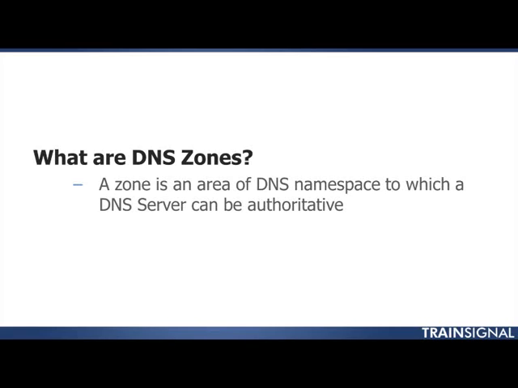Now, once you have grasped hold of this naming strategy and understand what a namespace or a domain namespace is, from there, we need to understand something called DNS zones. And a zone, or a DNS zone, would be an area of the DNS namespace to which a DNS server can be authoritative.